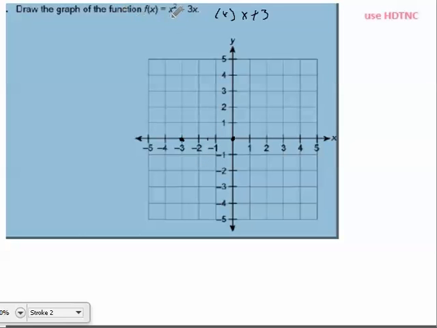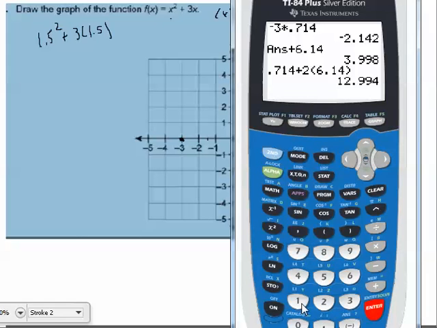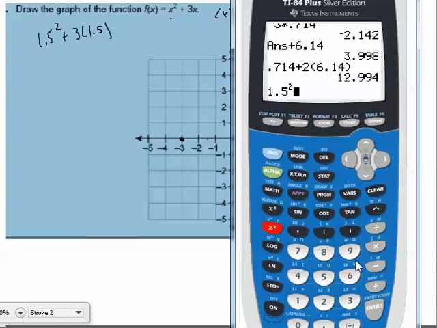Okay? Now, if I want to find the vertex, what's going to be halfway between these two, it's going to be at 1.5 something. So when I stick 1.5 in for x here, I get 1.5 squared plus 3 times 1.5. Now, working that out in my head, you know what, you got a problem here, Charles. It's a negative.